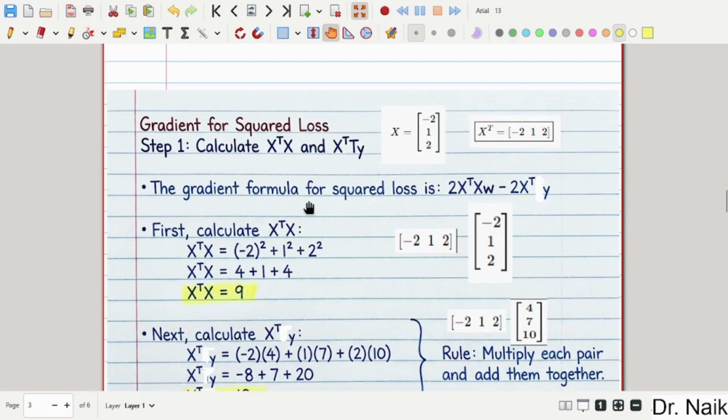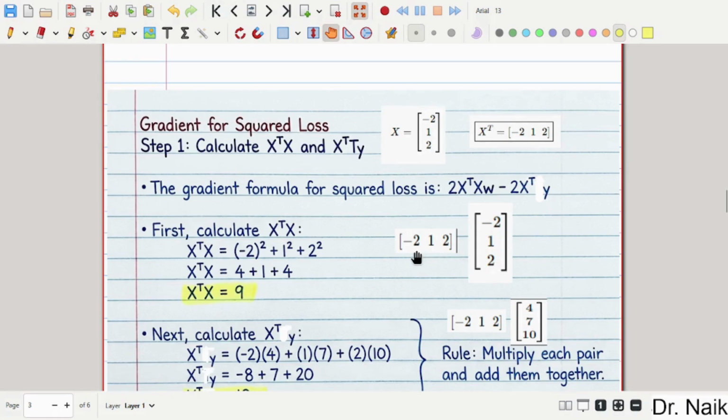The gradient formula for square loss is 2 times x transpose x multiplied by W minus 2 times x transpose y. Now calculate this term x transpose x. So x transpose is -2, 1, 2 and x is -2, 1, 2.